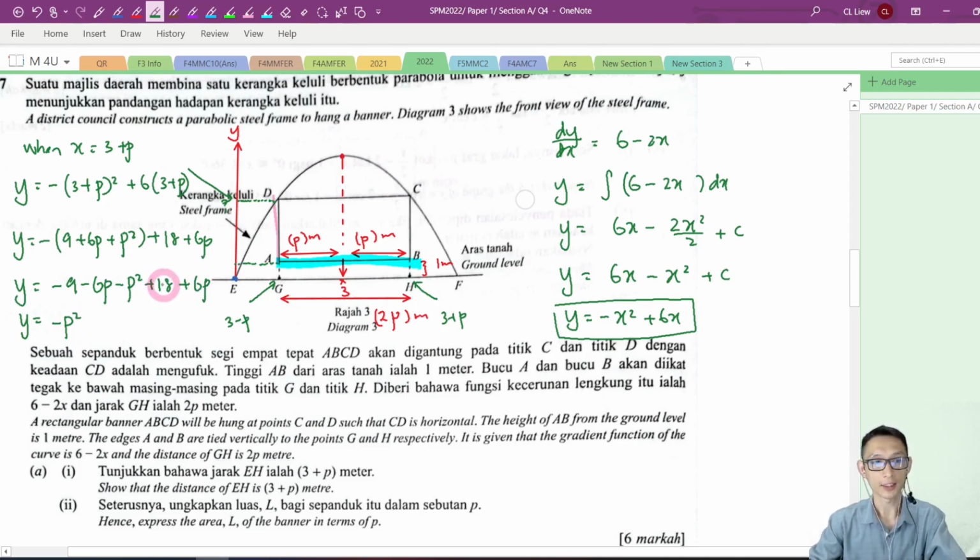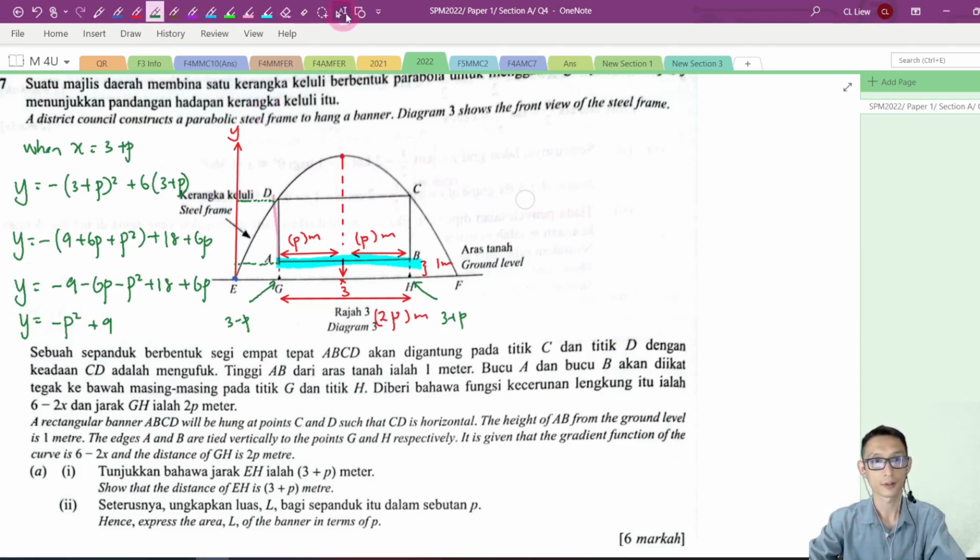And 18 minus 9, you will get plus 9. So the y coordinate here is actually negative p squared plus 9, or you can write 9 minus p squared. Now I know the y coordinate here is 9 minus p squared.